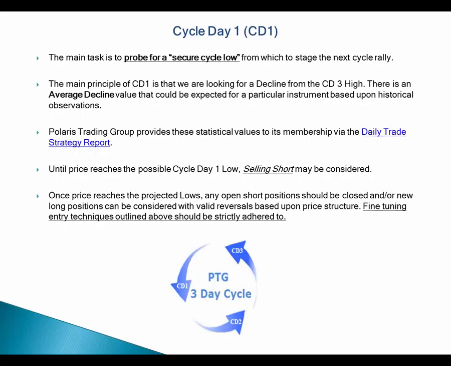There's an average decline value that is calculated based upon a long-term historical average range that has been observed from the cycle day 3 down to the cycle day 2. And again, that will be the subject of the proprietary spreadsheet that everybody will have access to after our presentations, going forward.